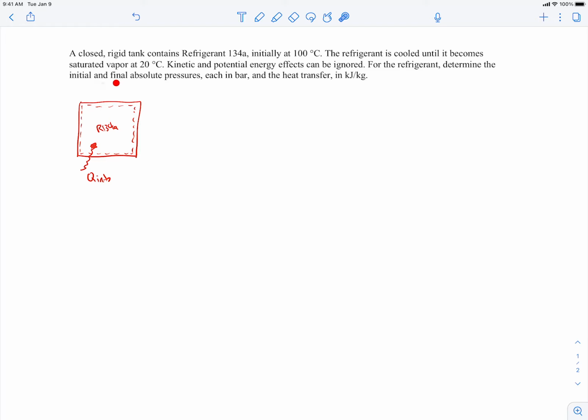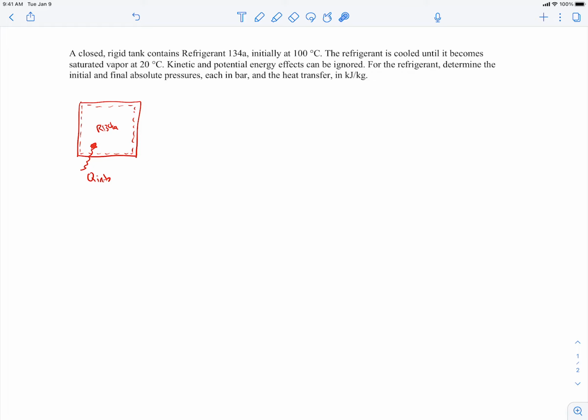So to find the initial and final pressures, what I'm going to do is make use of this state information, that it's a saturated vapor at 20 degrees C, that the temperature here is 100 degrees C. I'll need another piece of information to nail down the other properties at that initial state. Since I'm only given one piece of information, you need two pieces of information to figure out what the state is.